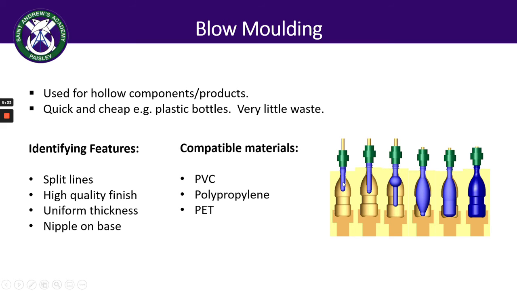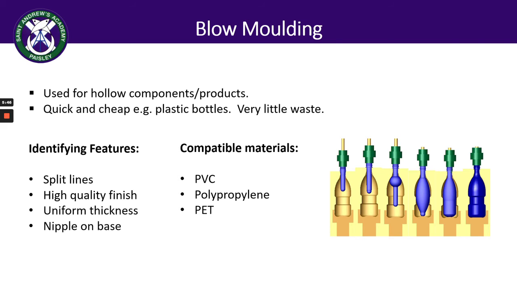So that's this blue part here that looks a wee bit like a test tube. Once the mould is closed, hot air is pumped down into this and it starts to expand and fill the cavity. So you can see in the image as the air is pumped in, it gets larger and larger until it fills the full mould and it makes the bottle.